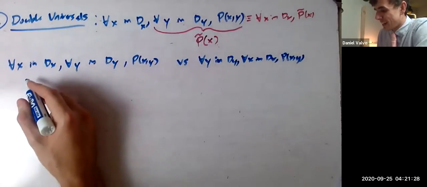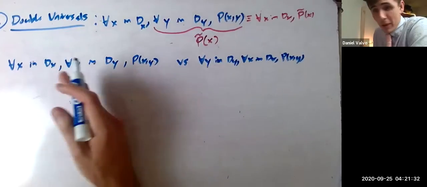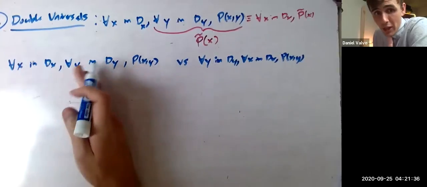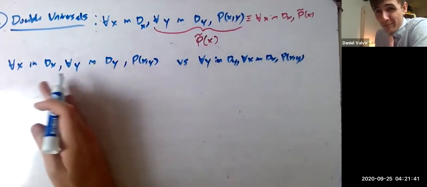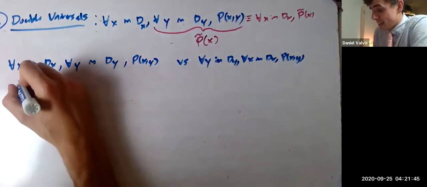What this is saying is: pick an x in D_x, any of them, and then pick a y in D_y, any of them, and P of x, y is going to be true. Either way, because you're looping over all of these, you're trying to check all of them.